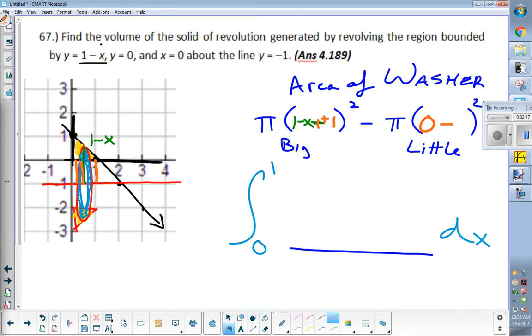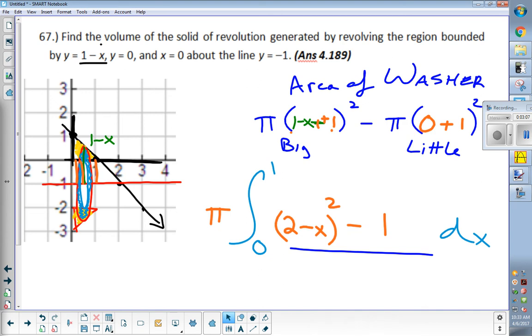So it's 0 minus -1, so it becomes +1. Does that make sense? Pull a pi out. So this is 1 plus another 1, so it's 2 minus x squared minus 1 squared, so -1. Plug that in. We'll get an answer.